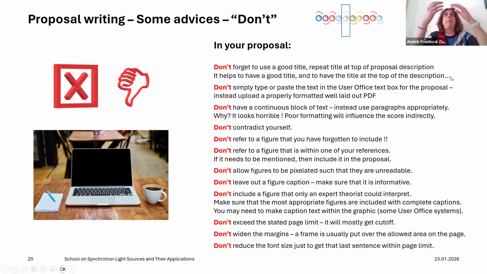Indeed, this is the first part of your proposal that is going to be read. So make your title in a way that, already from the title, you catch the attention of the readers, and you make them already enter in and understand a bit what you would like to do.